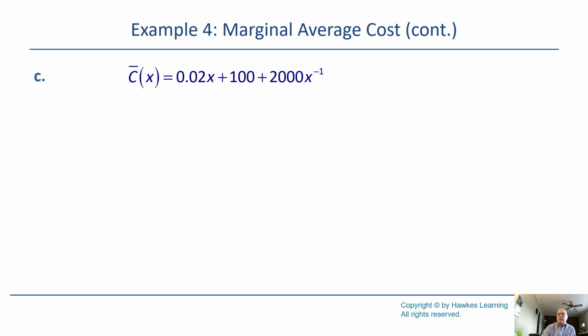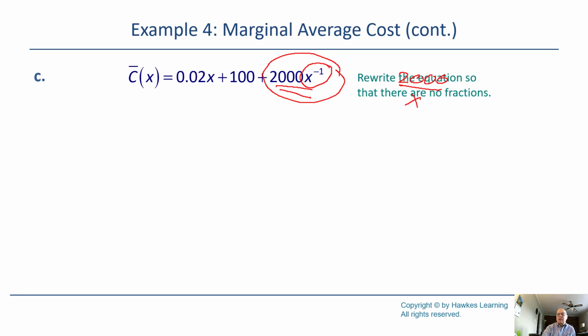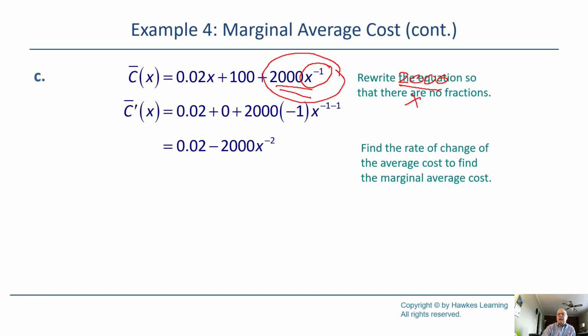Third, there's your average cost function. Notice in particular that on the previous slides, that third term looked like this. If you make it like this, rewrite it so that it's easy to differentiate using that part. So there we go, differentiate it, clean that up a little bit, and there's our function.